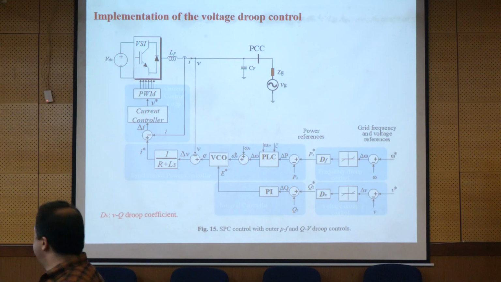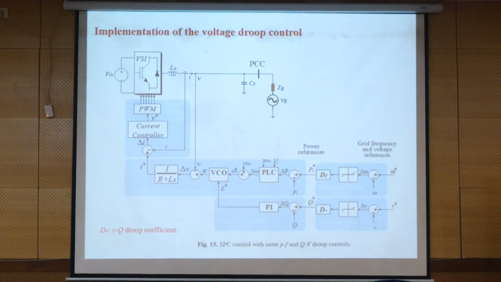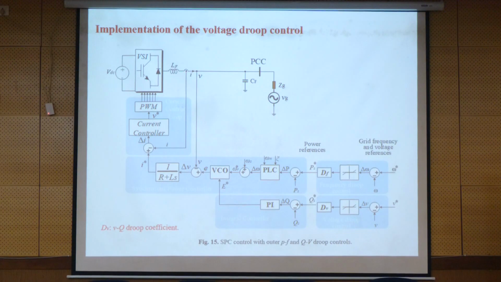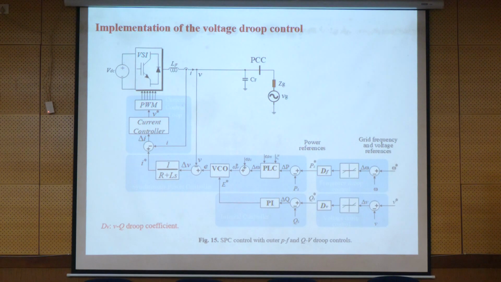So for this case, we developed the control loop based on the machine, which provides inertia besides the injection of active and reactive power. And the good part of this machine is that it can also regulate the voltage and frequency of the system besides providing active and reactive power and inertia for the grid.